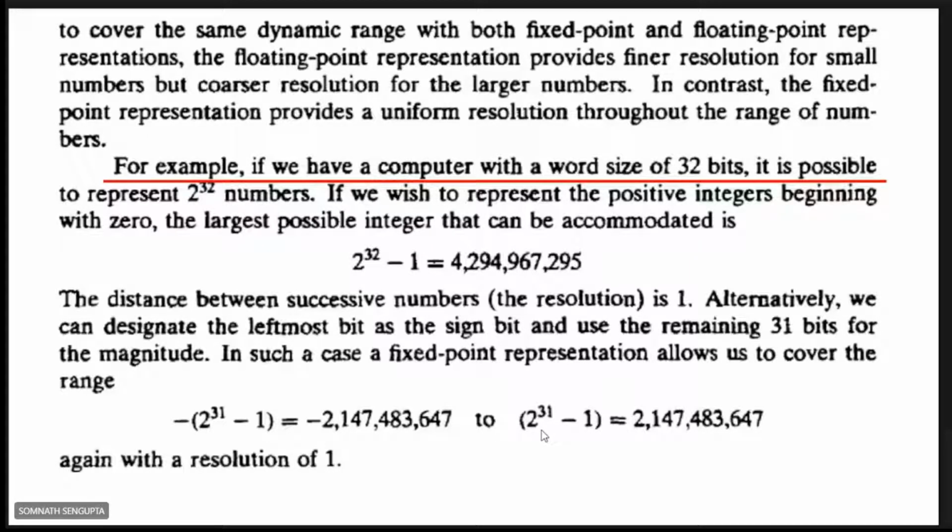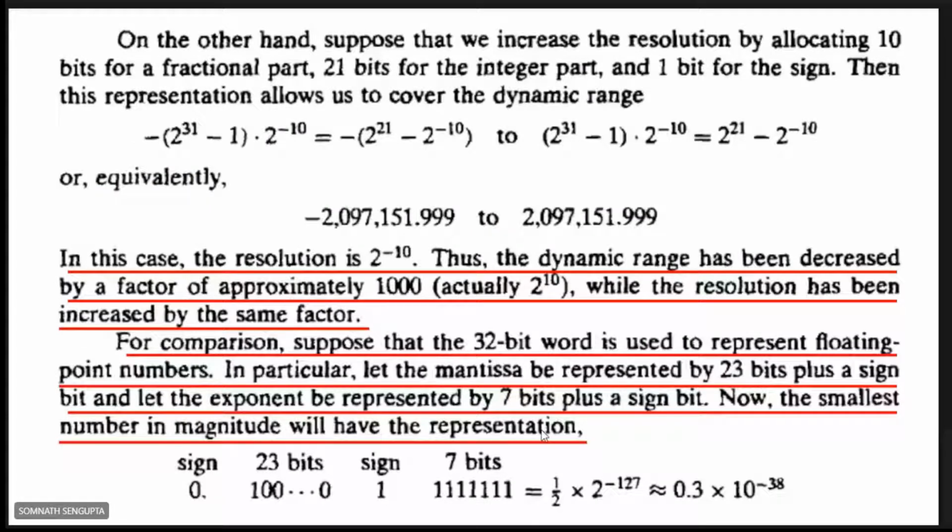So this was the issue for integer numbers. Now if you consider fractional numbers, your word length is fixed. Let us say the word length is 32, where one bit is for sign, and the remaining 31 bits are used for magnitude.